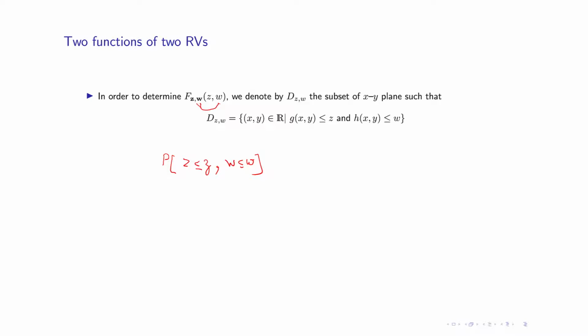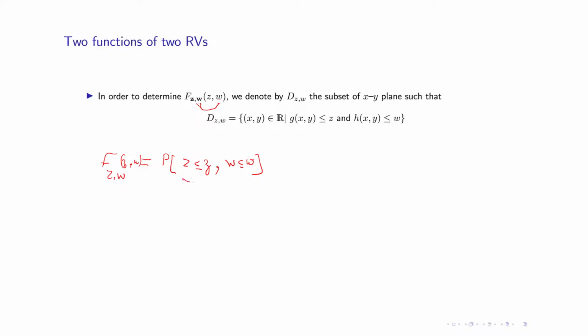This is the basic definition of the joint CDF of Z and W. Obviously, the concept in this video can be easily generalized to multiple inputs and multiple outputs, that is, multiple random variables.